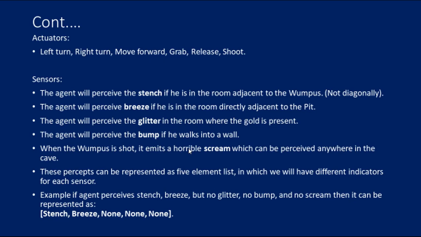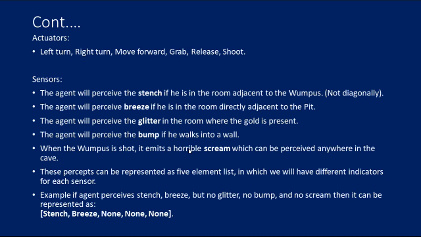Get it? The agent will perceive a breeze if he is in a room directly adjacent to a pit. The agent will perceive glitter in the room where the gold is present. The agent will perceive a bump if he walks into a wall.